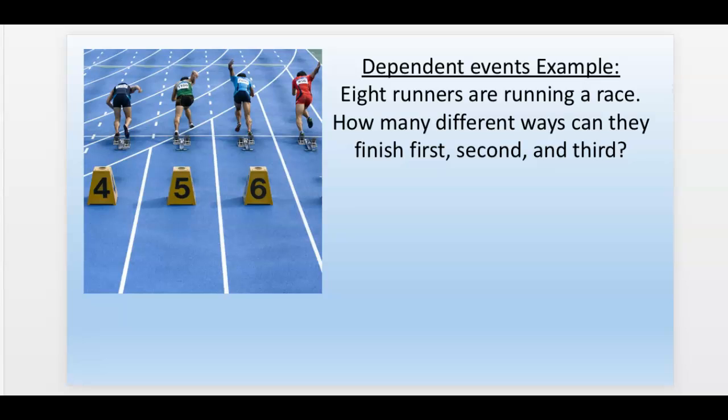Someone finishes first, then second, then third. 8 runners can finish first, but then there are only 7 left to finish second, and then only 6 left that can finish third. There are 336 different possible ways that can happen with 8 runners in a race.